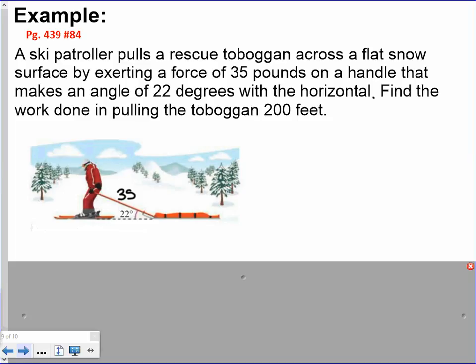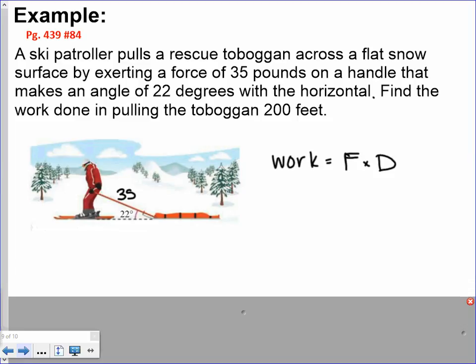We want to find the work done in pulling the toboggan 200 feet. So we're thinking about work is equal to force times distance. In this image, our force is 35 pounds, and our distance is 200 feet.